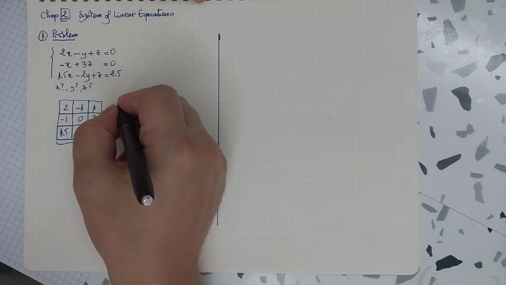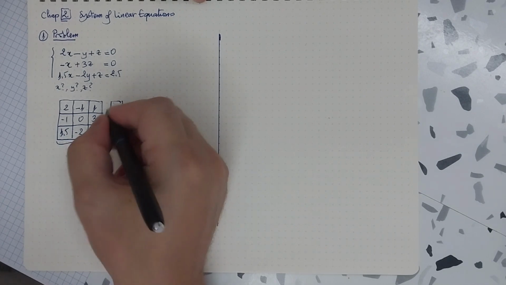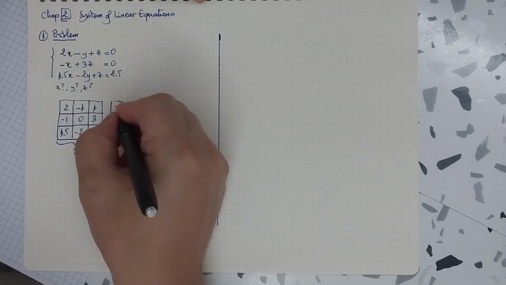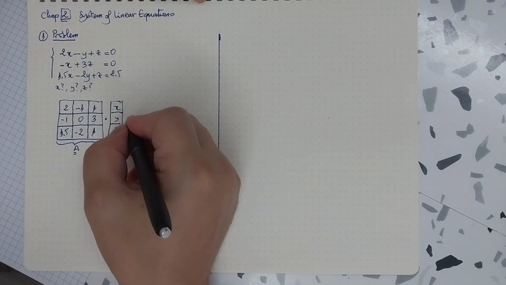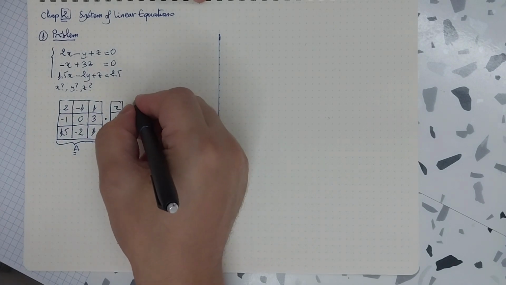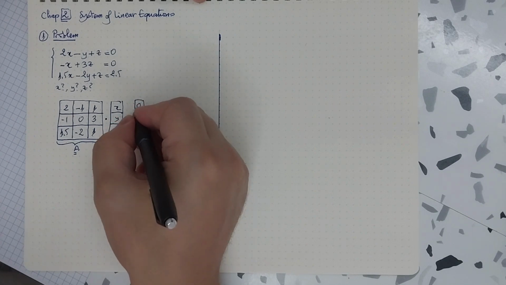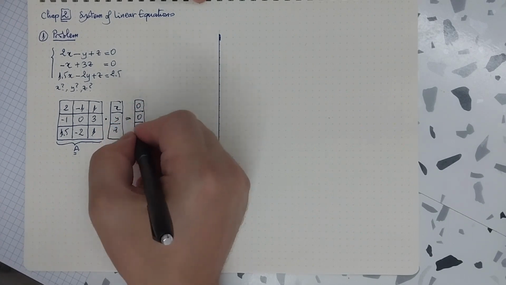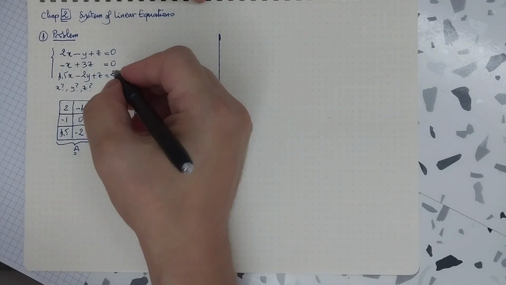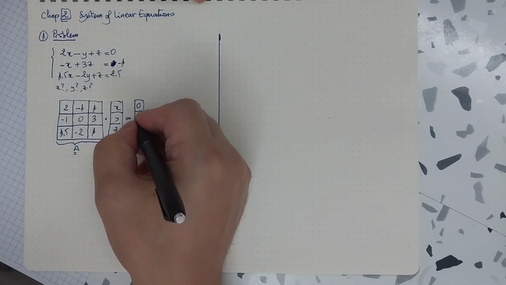In linear algebra, we call that dot product or inner product, of x, y, and z. The unknown variables equal the vector b, 0, 0, 2.5. I have made a mistake. A small mistake.